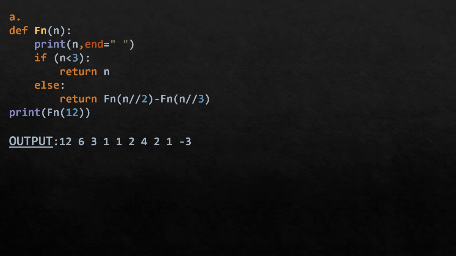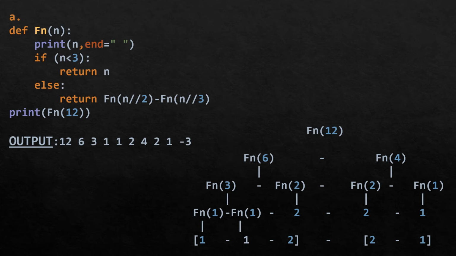That means you can see the fn function is called recursively like this. And finally, we are calling this function fn with the value 12. You can see the output is like this. First of all, it will call fn of 12, which is not less than 3, so it will execute the else part, that is it will return fn of 12 by 2, that is 6, minus fn of 12 by 3, that is 4.